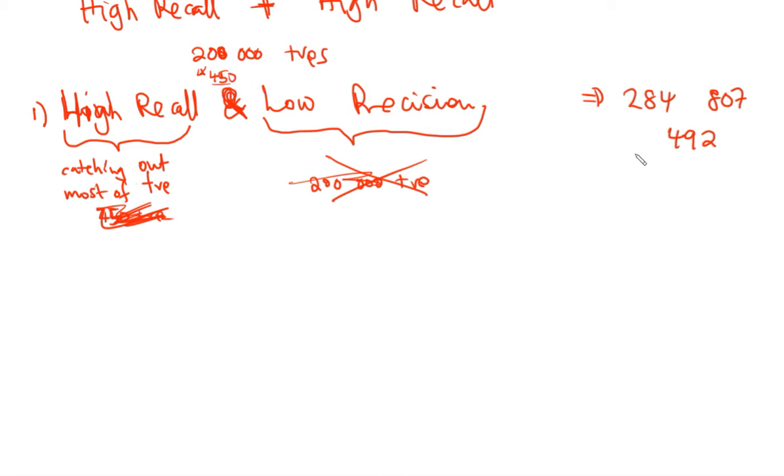So 450 divided by 492, yes, that's a high recall. But if you then look at the precision, all the other ones that you were telling me, I'm sorry, they are not actually positive. They are wrong. And then we have a low precision.